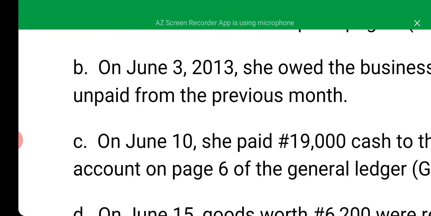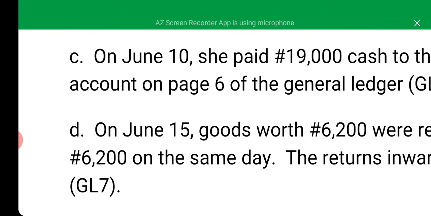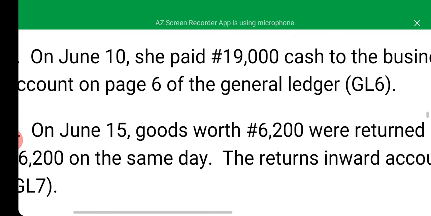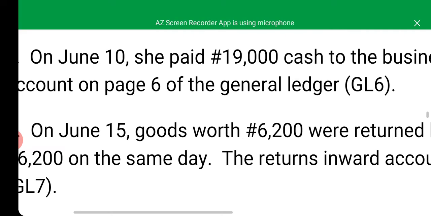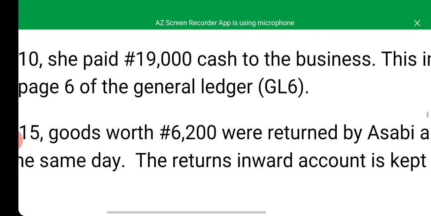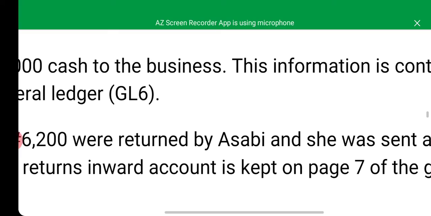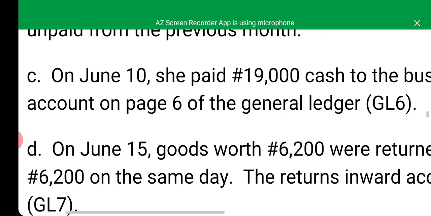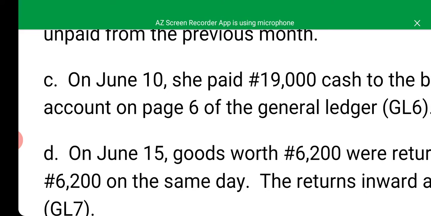Then on June 10, she paid 19,000 naira cash. That's why we have this recorded in the credit side. Don't forget, in the format you are told, the credit side is meant for the payment. So she paid 19,000 naira cash to the business, and this information is contained in the cash account on page 6 of the general ledger.